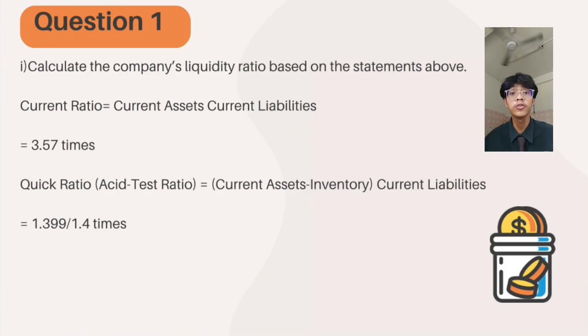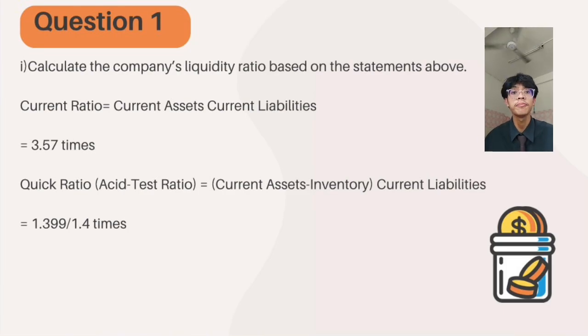So the formula we use on the first question is the current ratio formula, which is current assets divided by current liabilities. From the statement of financial position, the current assets include inventory for the total of $1,245,509, then accounts receivable for the total of $726,575, and the last one is cash and cash equivalents for the total of $77,960.